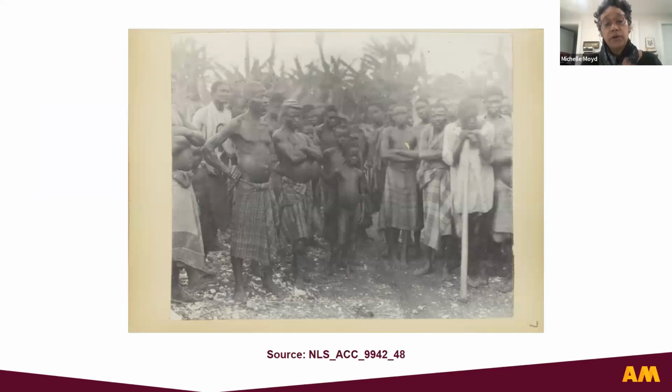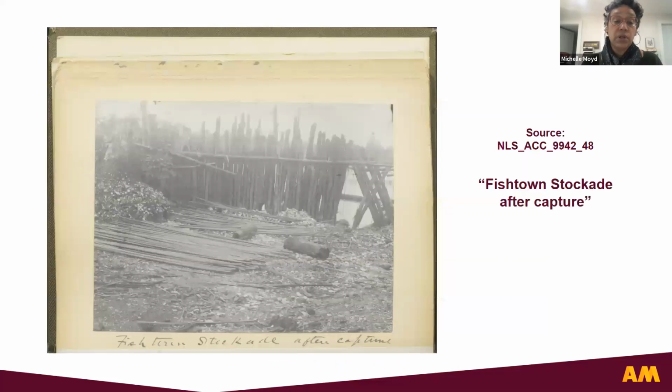This is the photograph that immediately follows that one, and again, a tight grouping there, with the same sorts of facial expressions and body language. The next photo in the series says Fishtown Stockade after capture.